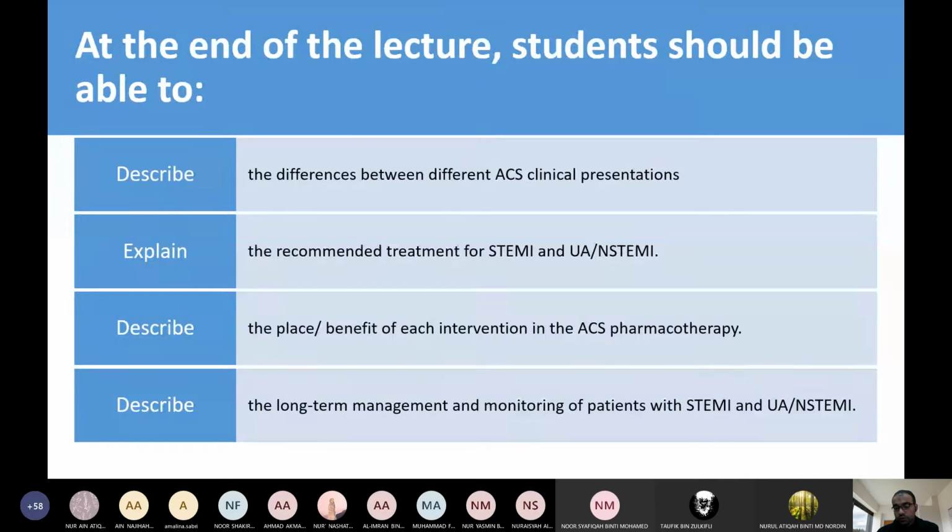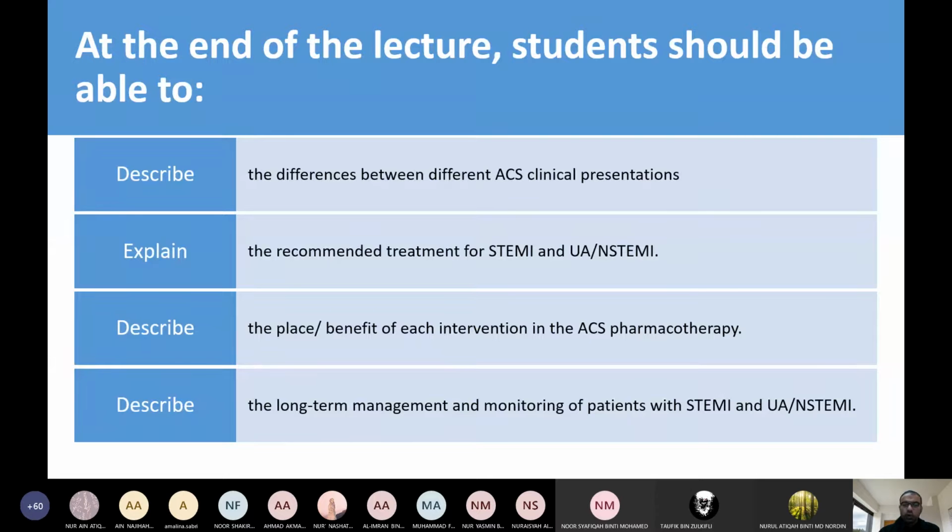And of course, toward the end, as usual, we will highlight the long-term management, the overall monitoring plan, and the patient care process, as we used to do in the revision, so we can test our knowledge at the end and see if we really grasp all the important points regarding the topic. Are you ready to start?